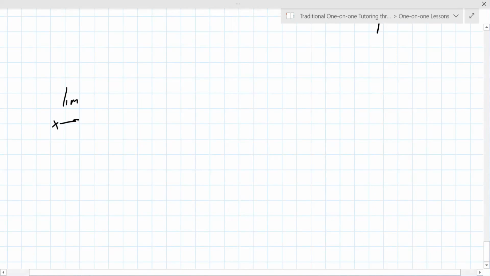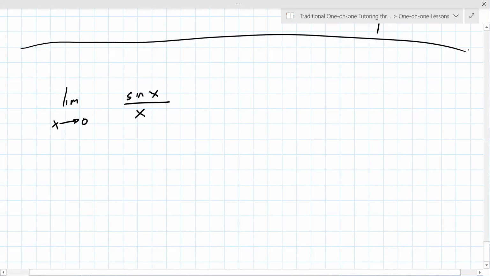Limit as x goes to 0 of sine x over x. We test it: sine of 0 over 0, so 0 over 0. Then take the derivative of both top and bottom: cosine x over 1.